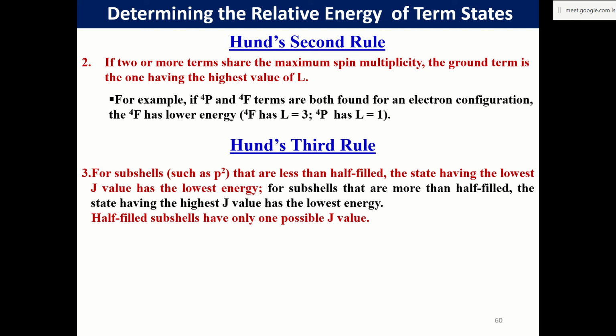Then comes Hund's second rule, which says that if two or more terms share the same maximum spin multiplicity, then the ground term is the one having the highest value of L. So for example, if you have P, D, S terms, the one having the higher value of L is lower in energy.